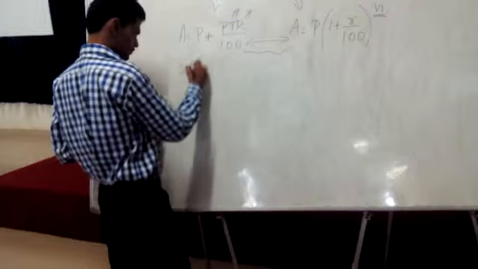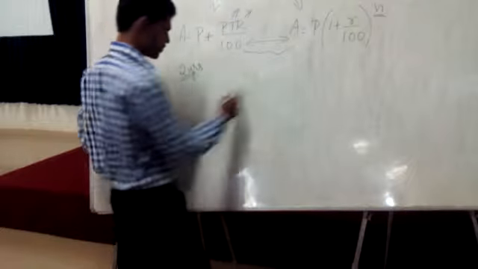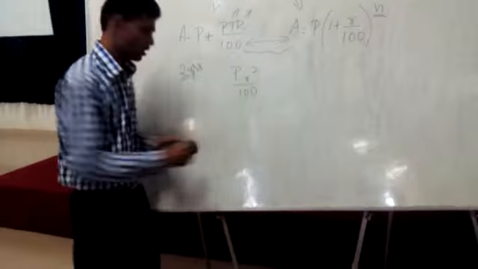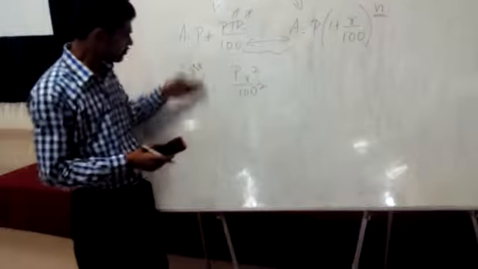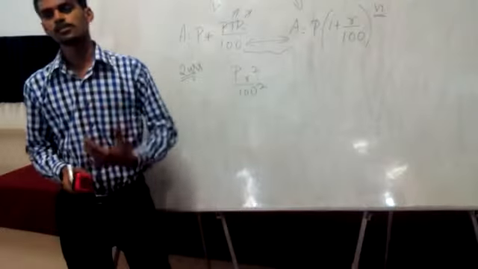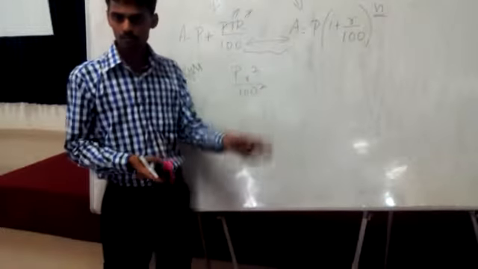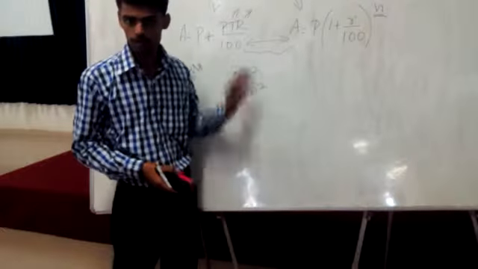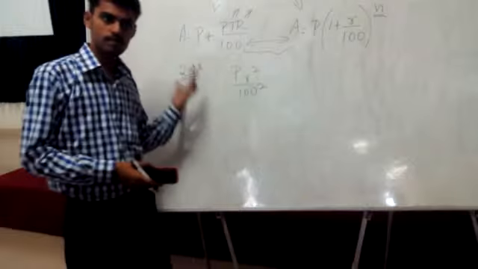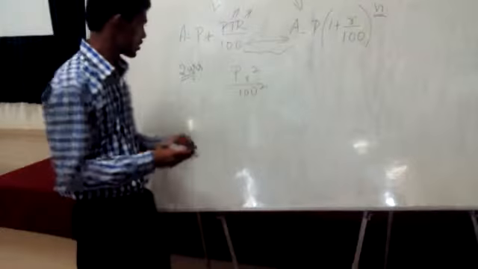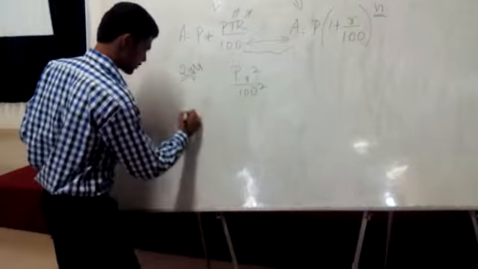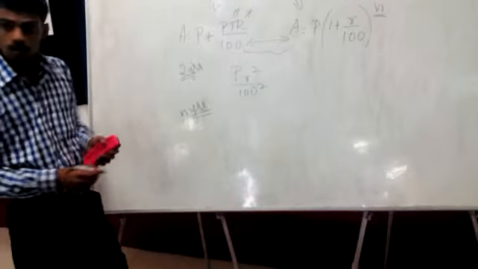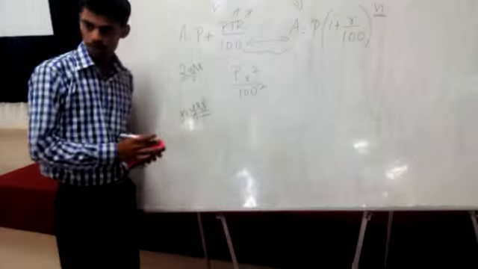For 2 years, the difference between these two would be PR square by 100 square. For different numbers of years, we have different differences. For 3 years, you have a different value as the difference between simple interest and compound interest.